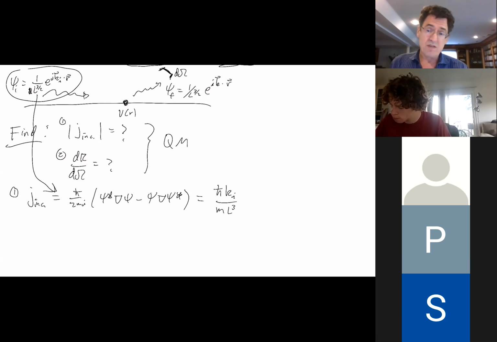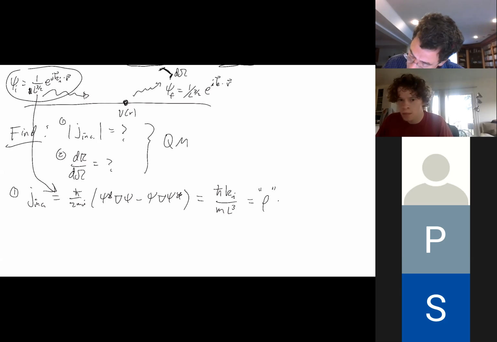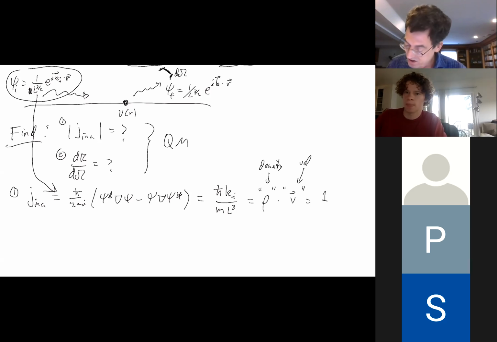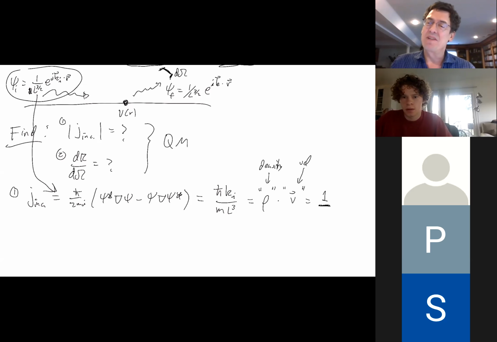And it's actually a very intuitive answer, because check it out. A flux is always equal to a density times a velocity. This is a probability flux. And so the probability density is 1 over a certain volume, the volume where I'm finding my particle.